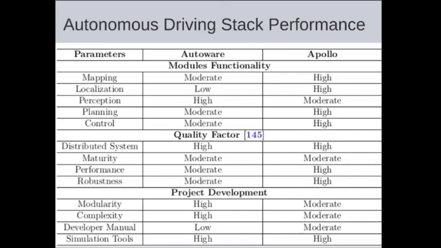Also in planning and control, the path planner calculates the same route 90% of the time using Apollo, and in Autoware less than half. Sometimes the planner picks one, sometimes it calculates another trajectory. It's not so robust. In agreement with this article, it's moderate but high in Apollo.